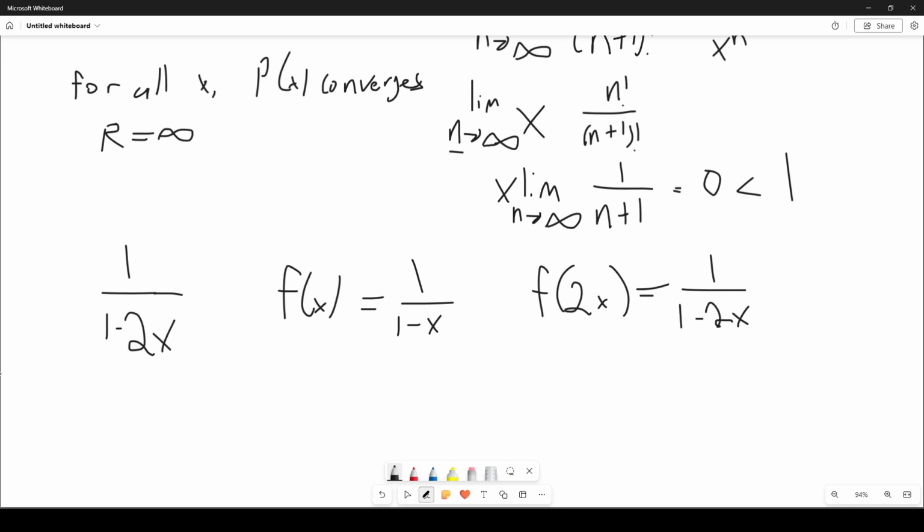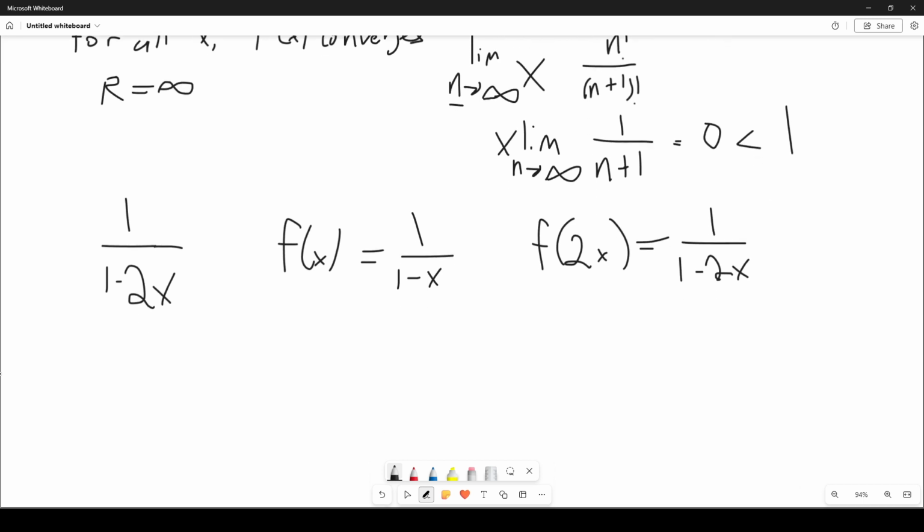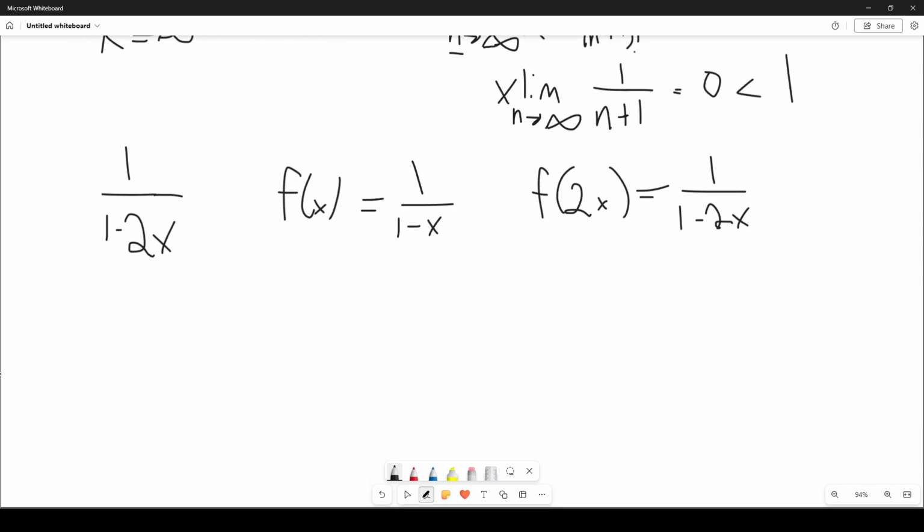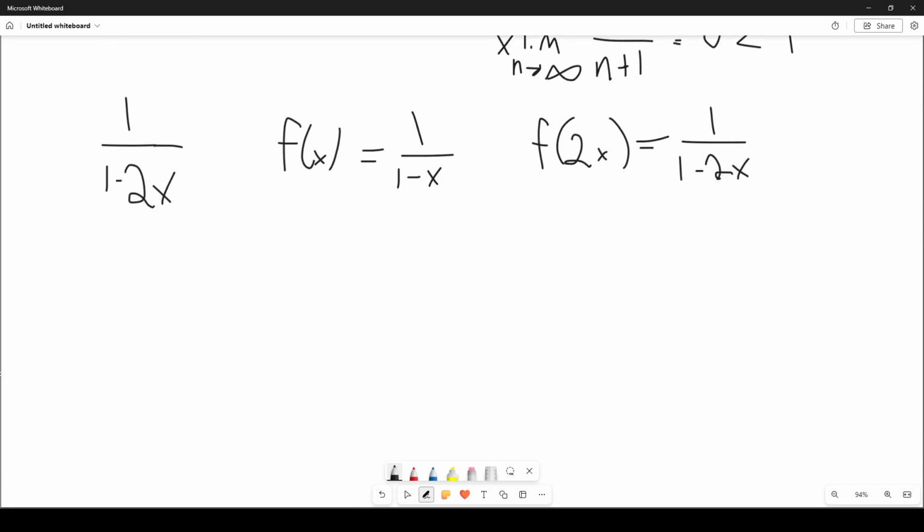Once you learn one, you can basically figure out infinitely many functions and find their power series. That's the real tool that comes with learning this topic, how you're able to extend it to so many other different things. So once we have observed this, let's go back to our equation that f of x is this geometric series.